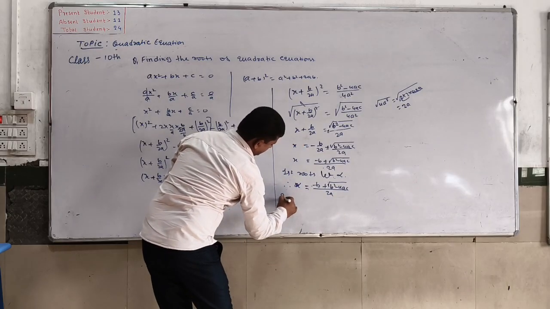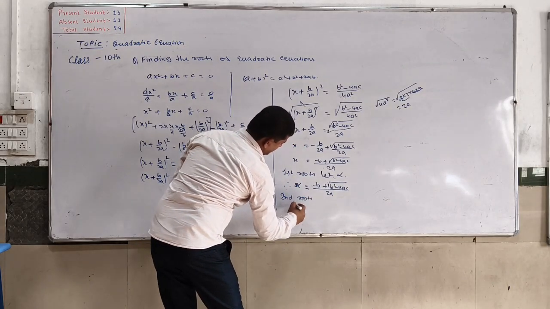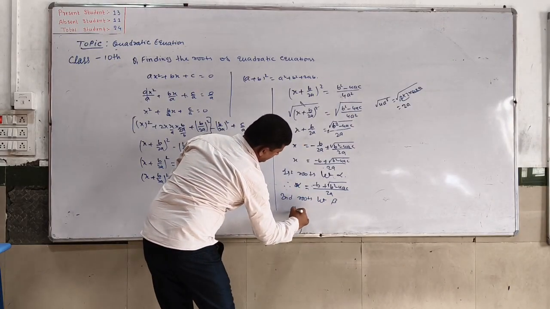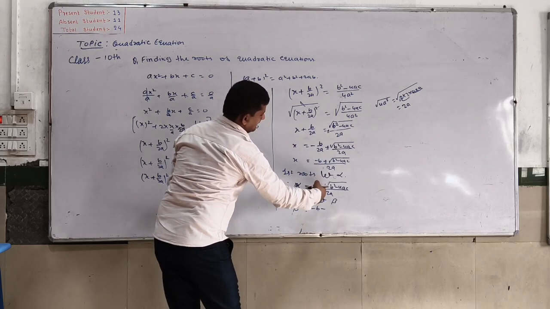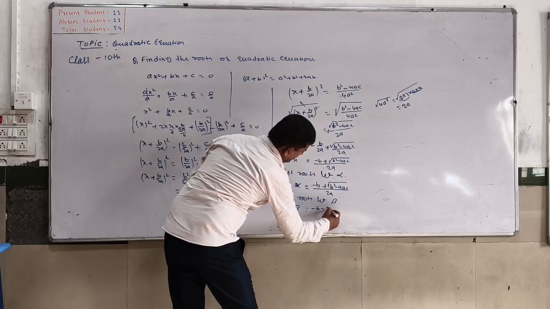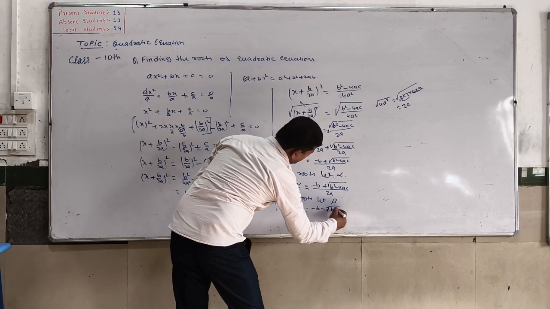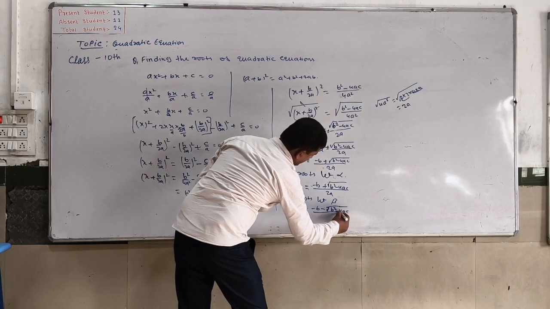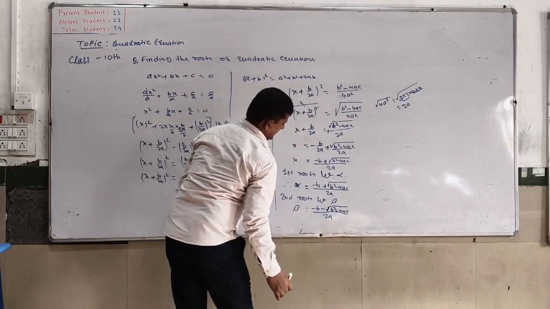And the second root, let it be beta, is equal to minus b minus root b square minus 4ac upon 2a.